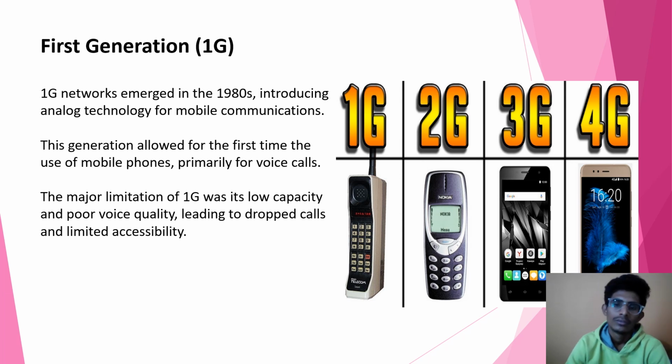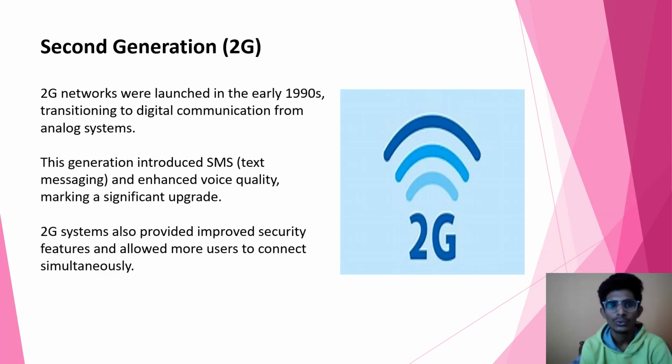A lot of evolution happened from 1G to 5G. The major limitations of 1G were low capacity and poor voice quality, leading to dropped calls. That's why they improved to 2G.